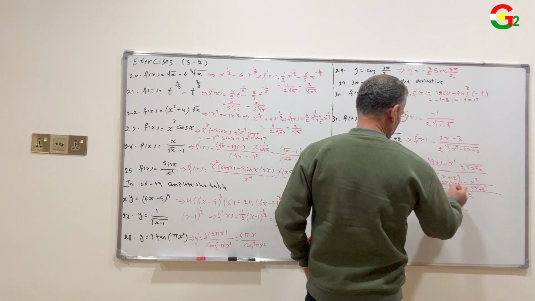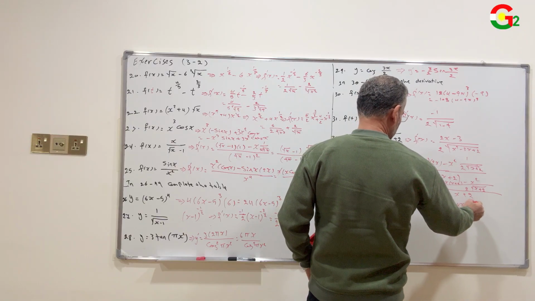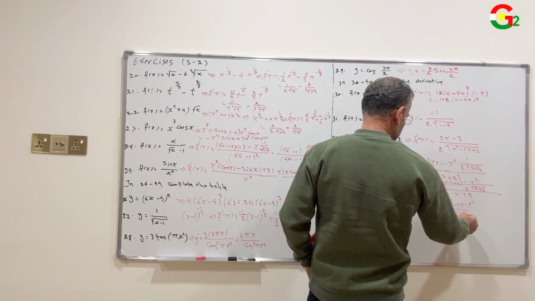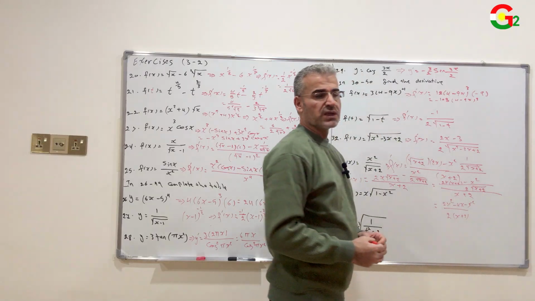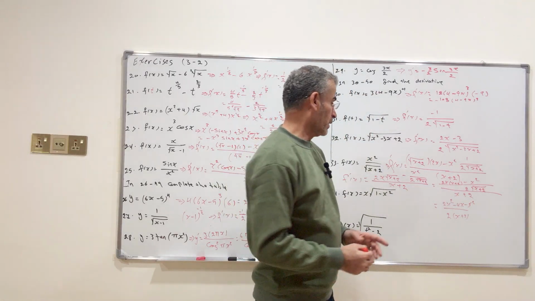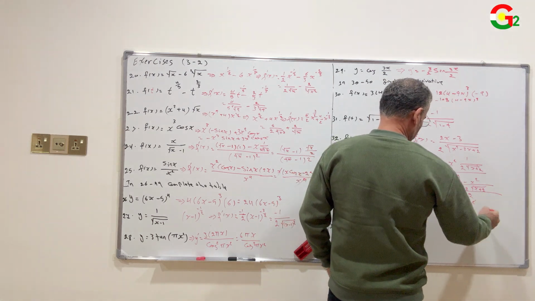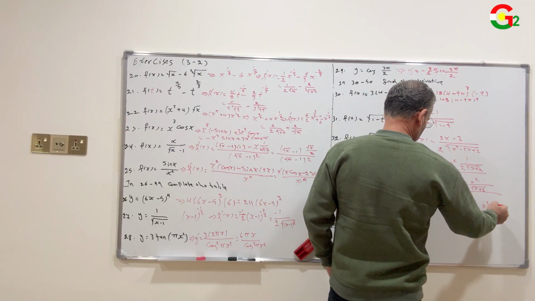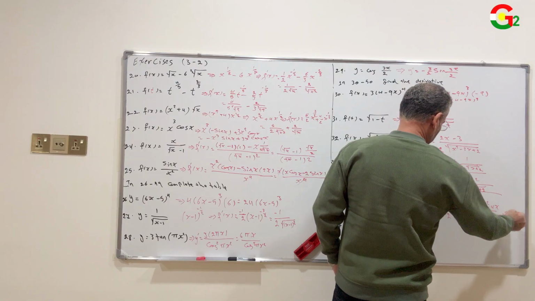And we can open this bracket: 2x power 2 minus 4x minus x power 2 over 2 times the square root of x plus 2. Now x plus 2 is (x plus 2) to the power half times (x plus 2) to the power 1, which is (x plus 2) to the power 3 over 2. Reduce this: 2x power 2 minus x power 2 is x power 2, so x power 2 minus 4x over 2 times (x plus 2) to the 3 over 2.